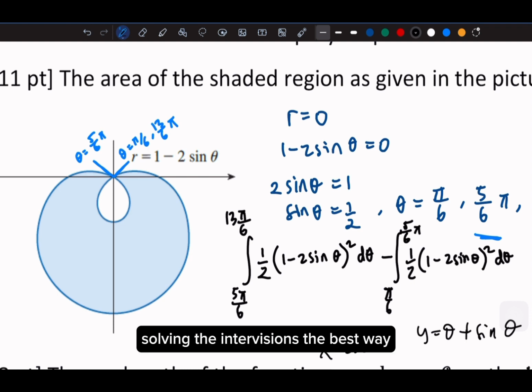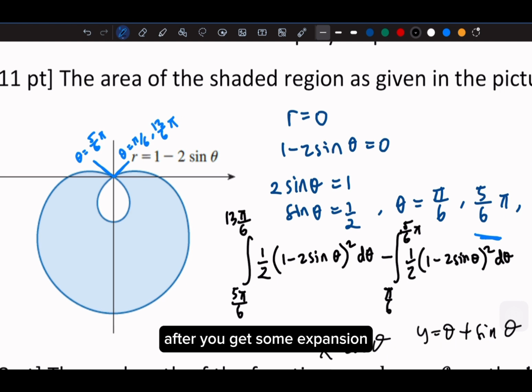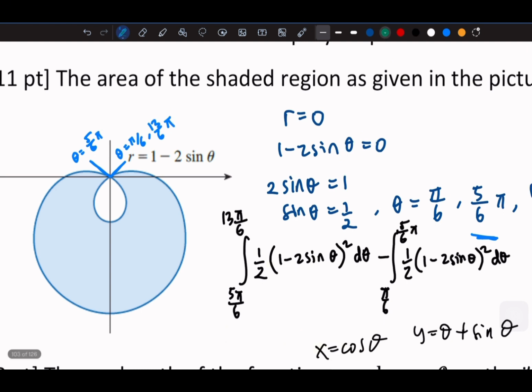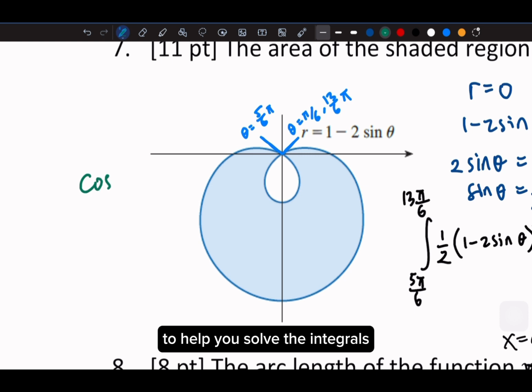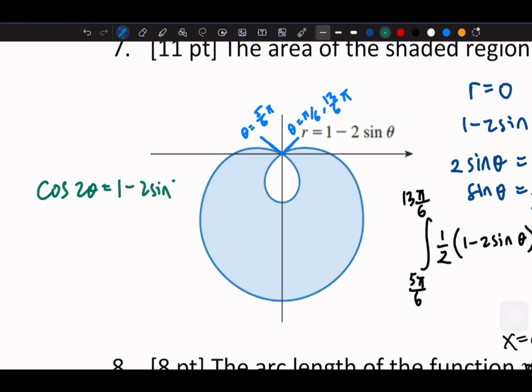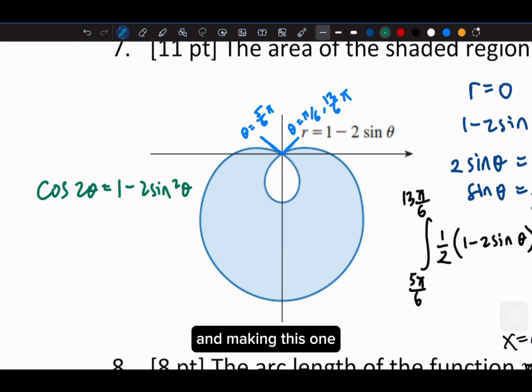Solving the integrations. The best way, my suggestion for you, whenever you have this squared, after you get some expansion, my suggestion is using the trigonometric identity to help you solve the integrals. So let's say this is the identity you usually have. You see that we have the sine squared, so you can turn the sine squared into this one.